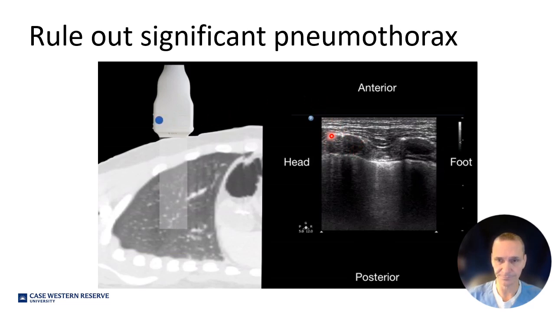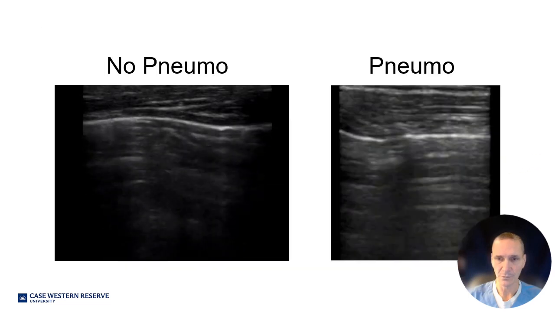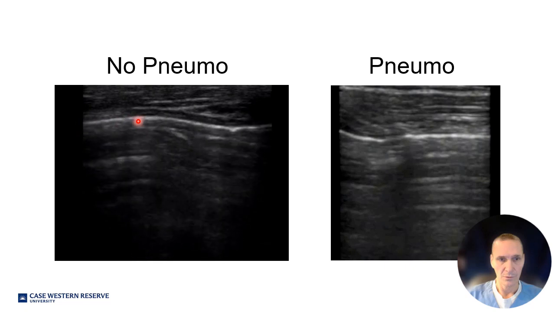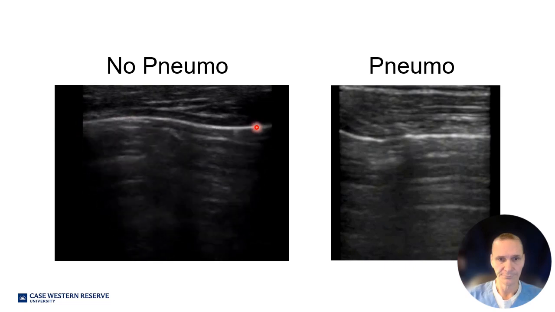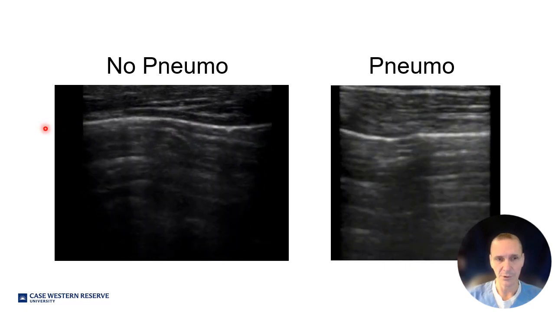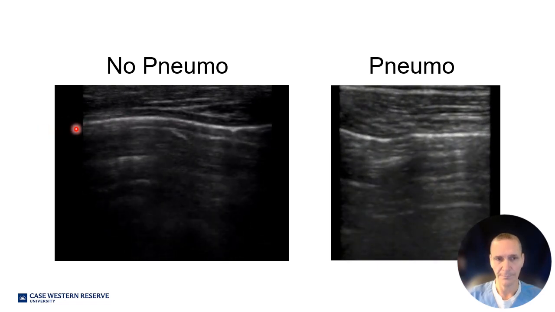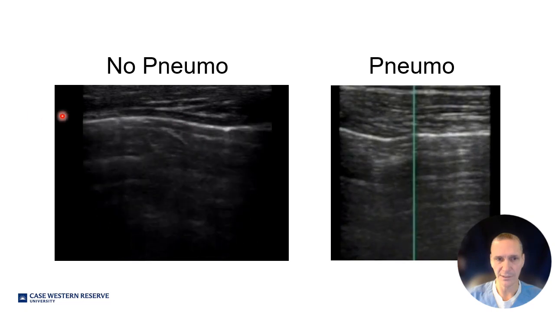Here's a rib. There's a rib there. And this is the pleural lining. So no pneumo here. Remember, hyperechoic, so white on the screen, is caused by more dense structures.